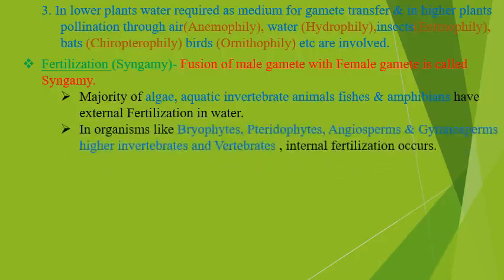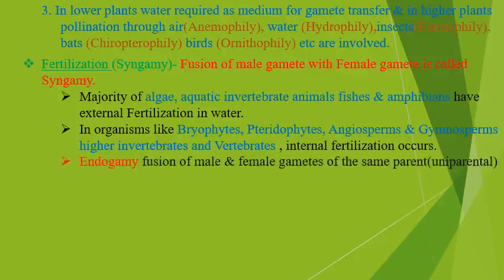While in other organisms like bryophytes, pteridophytes, angiosperms, gymnosperms and other higher invertebrates and vertebrates, internal fertilization is quite common. Means the sperms or male gametes fuse with the female gamete inside the organism's body. That is called internal fertilization.